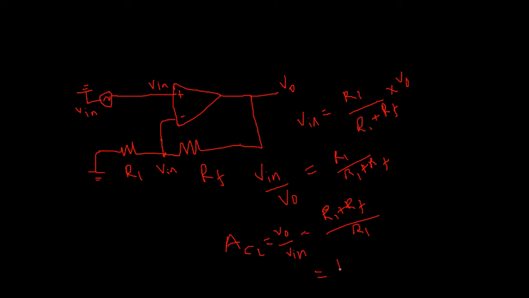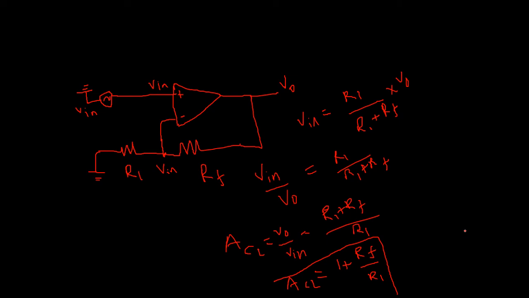Simplifying, you will get 1 plus RF by R1. This is the closed loop voltage gain of the non-inverting amplifier.